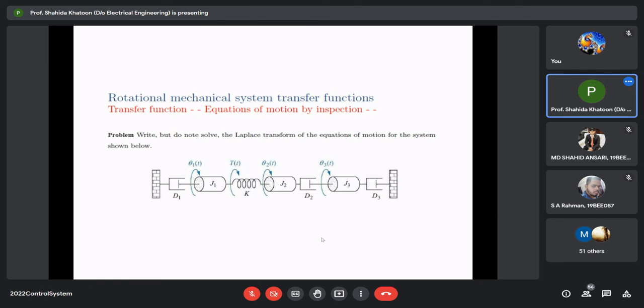They revolve with angular displacement theta 1, theta 2, theta 3. Applied external torque is G. And there are dampers with damping coefficient D1 and D2, and one spring with spring constant K. Okay, three dampers, no? D1, D2, D3. So you can write the equation of motion. Try it out yourself.